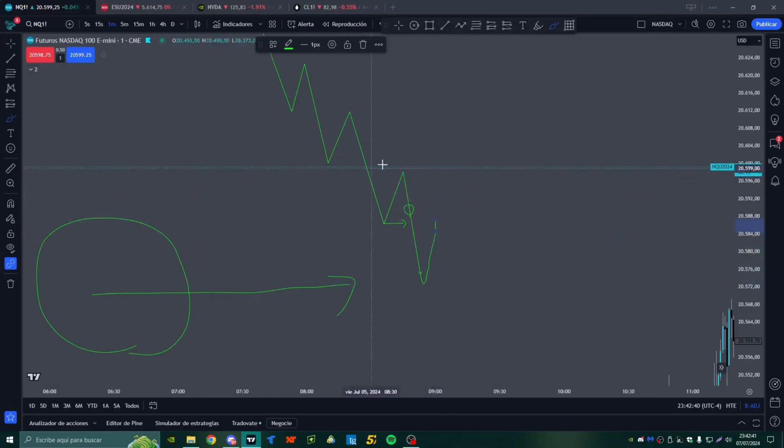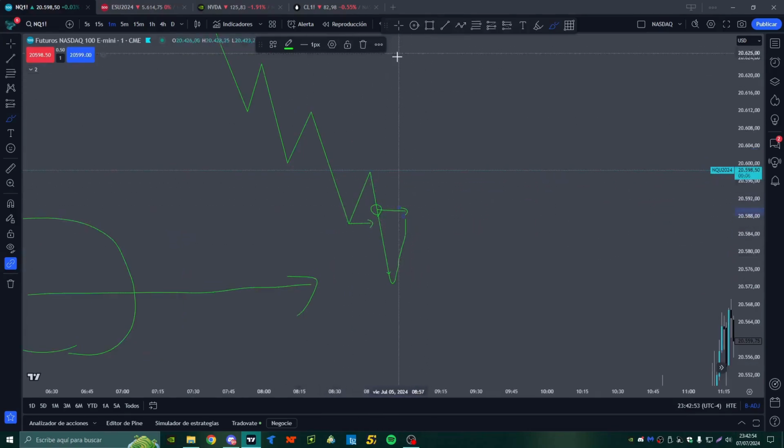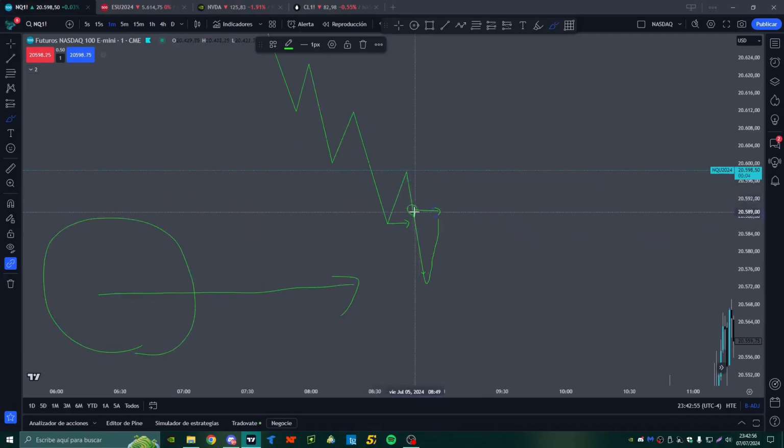What's going to be the first door that has to open for me to say this isn't going to generate a counter reaction? The responsible. Those who have seen this system a lot already know how effective the responsibles are in causing reactions. So what I will wait for is for the price to first break that responsible.